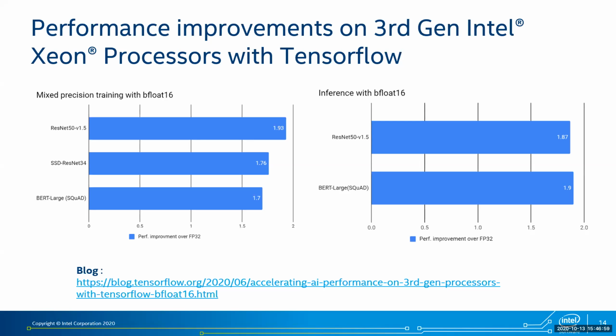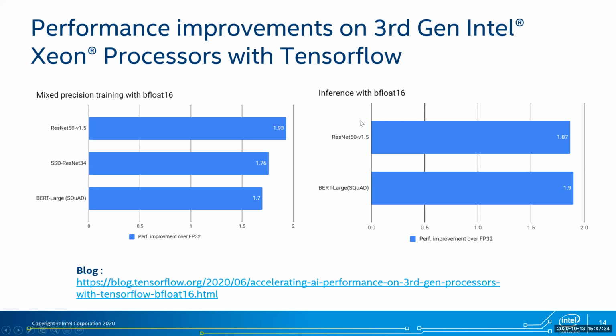And for sure, on third generation Xeon server, we leverage the new Bfloat16 instructions. So overall, you can see among different models, we get the speed up from 1.7 times to 1.9 times. So it's a comparison among different generations of Xeon server. But the third generation has Bfloat16 instruction support. Not only training, we also have a good speed up on inference.